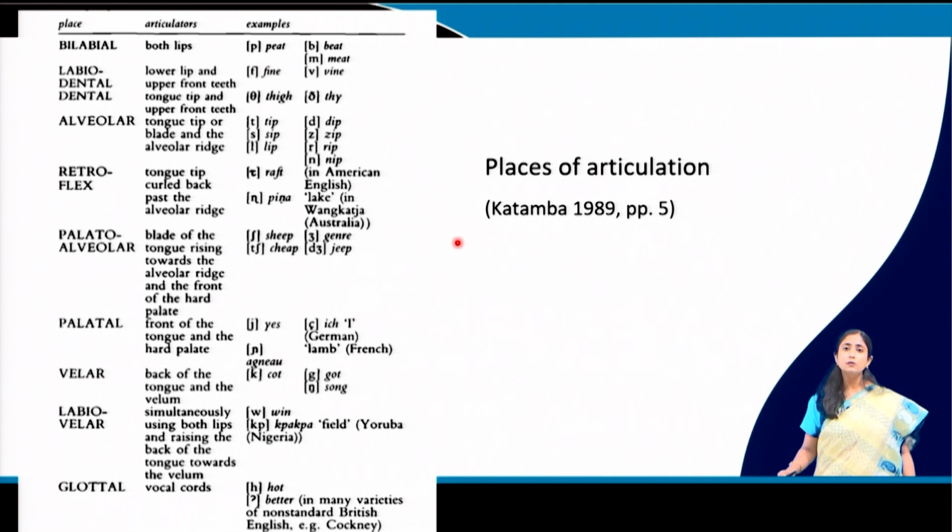At the end you can also see a link where you can click and look at the interactive IPA chart, where you can click on the symbols and listen to the sounds. That way you can also practice to know better about the IPA symbols and the articulation process.